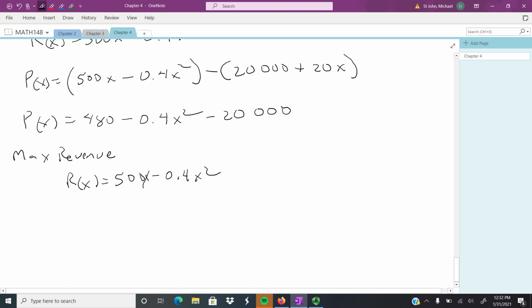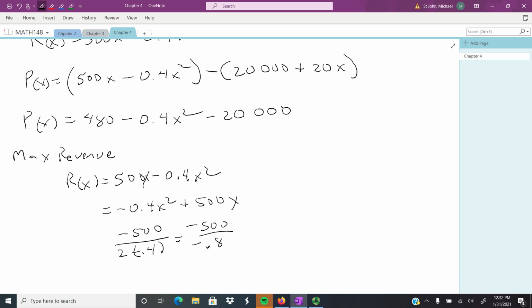And so I will put this into the normal form, which would be negative 0.4x squared plus 500x. And so this would be minus 500 over 2 times negative 0.4. This would be 500 over 0.8. So 500 divided by that. So this comes out to be 625. So this would be 625 units sold.